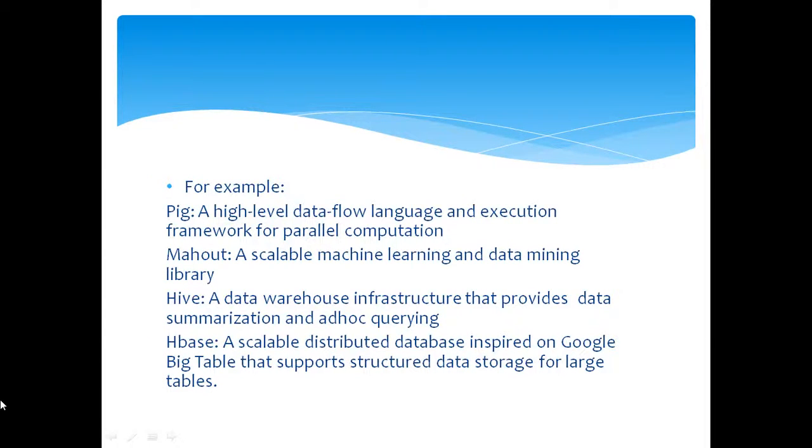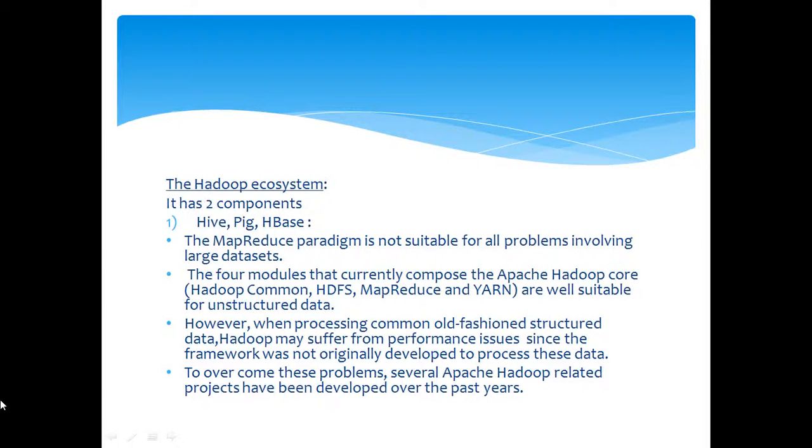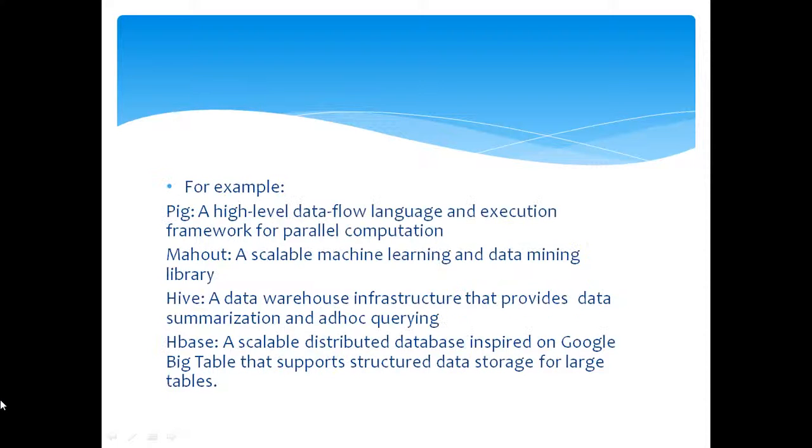For example, Pig is a high level data flow language and execution framework for parallel computation. Mahout, a scalable machine learning and data mining library. Hive, a data warehouse infrastructure that provides data summarization and querying. HBase is a distributed database inspired by Google BigTable. These are all projects that came out in the past few years to increase the performance of Hadoop.